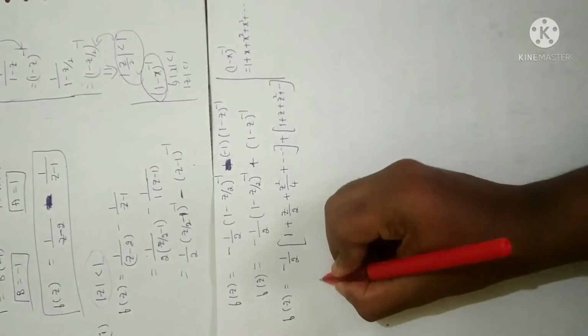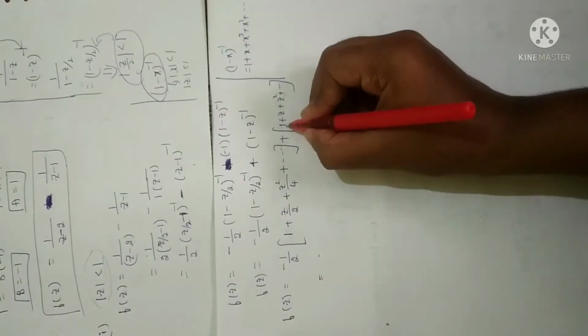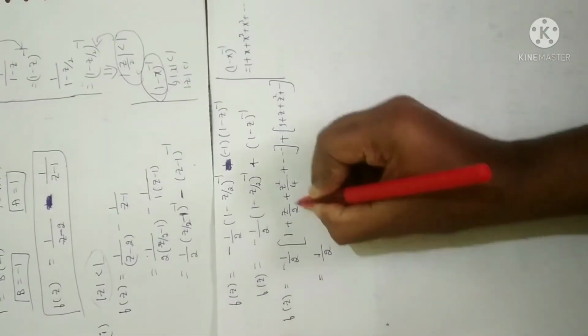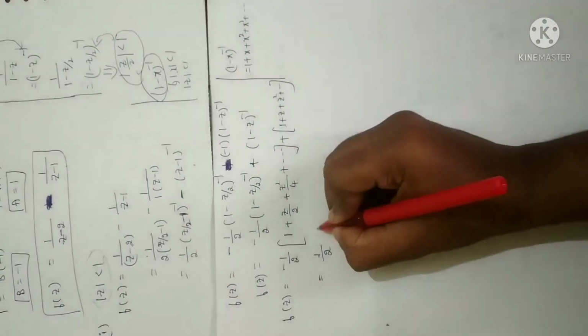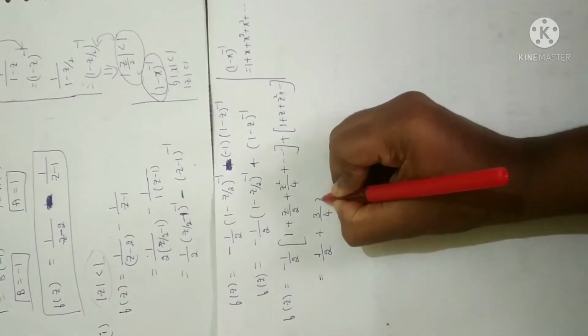Fine. So you can add the terms: minus 1 by 2 plus 1 is 1 by 2. Next, z by 2 plus z is 3 by 4 times z.